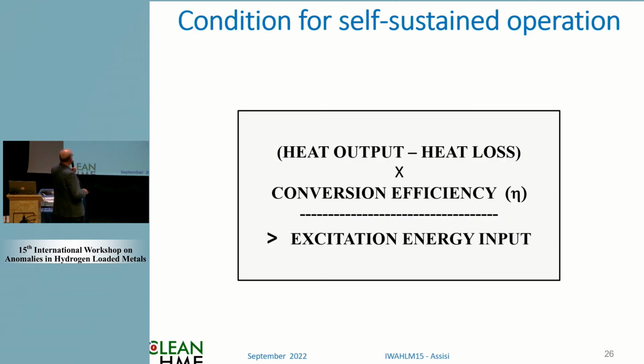Now, what are the conditions for the self-sustained operation? This is a very complicated formula. The heat output minus the heat losses, multiplied by the conversion efficiency of your converter, must exceed what you need for excitation.